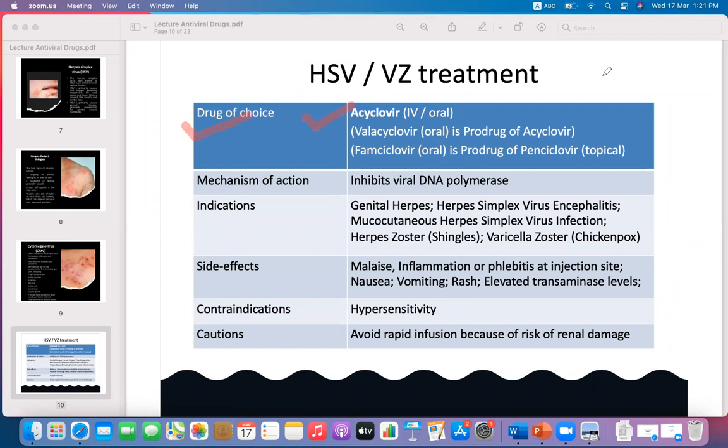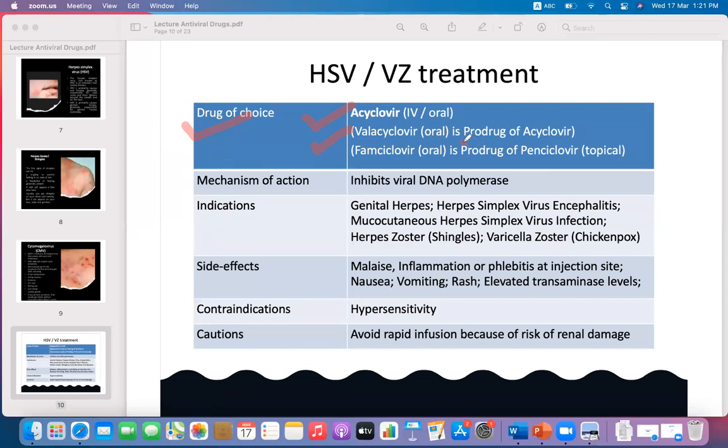So the drug of choice for herpes simplex virus, herpes zoster, and varicella zoster is acyclovir. Valacyclovir is a prodrug of acyclovir.